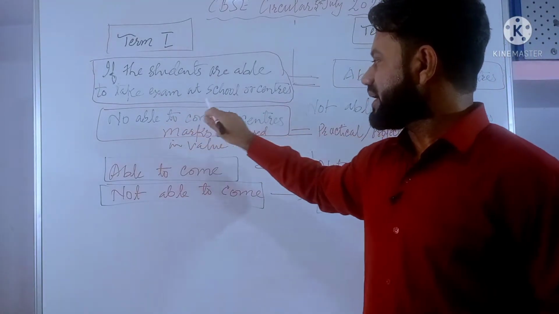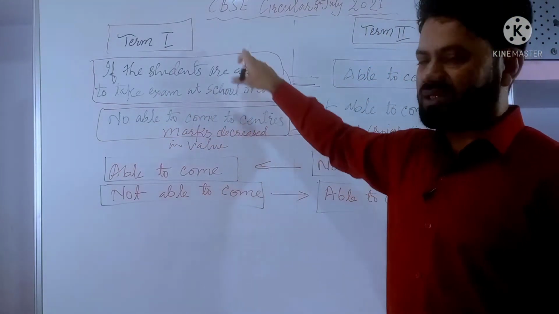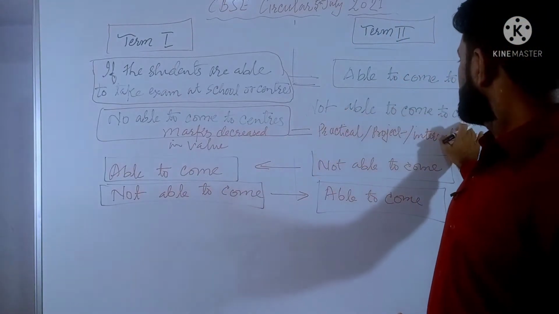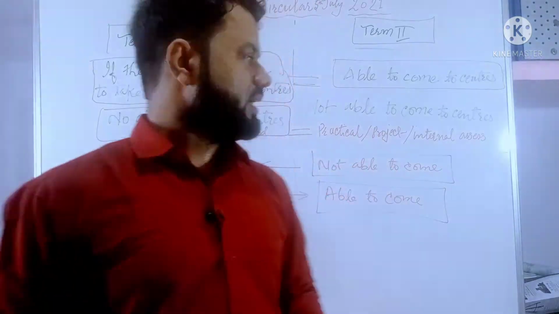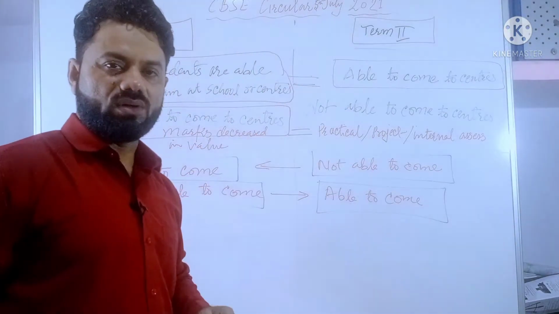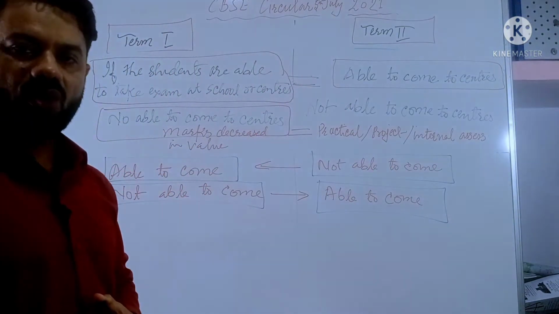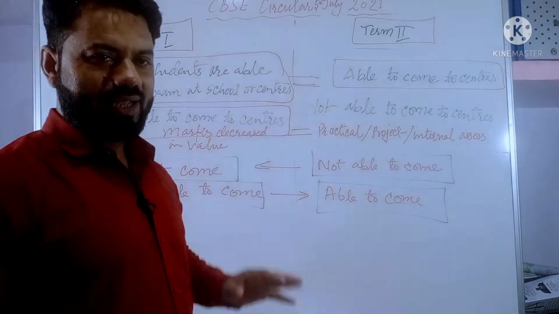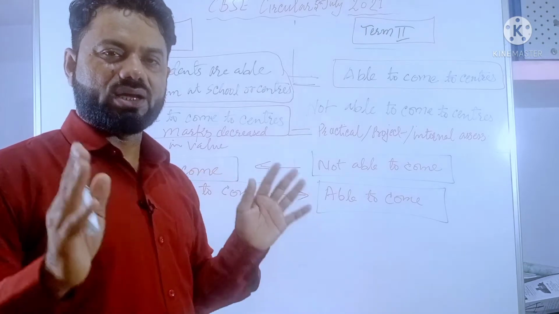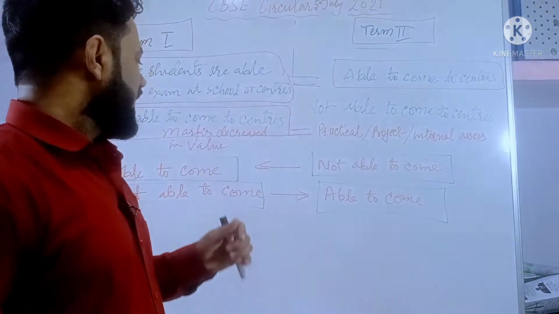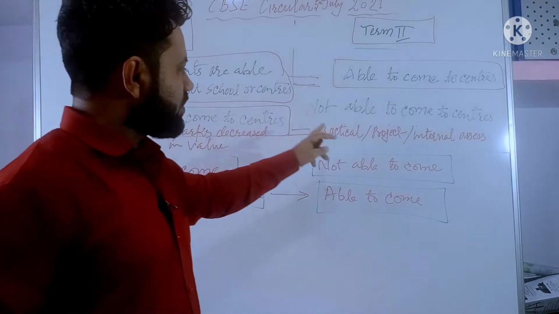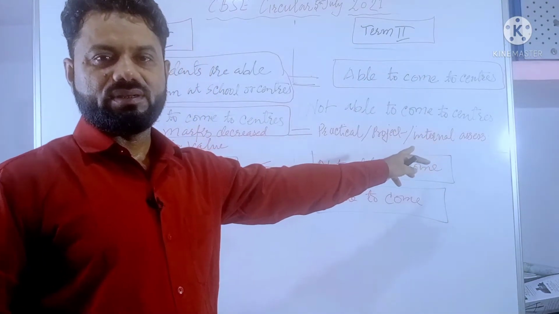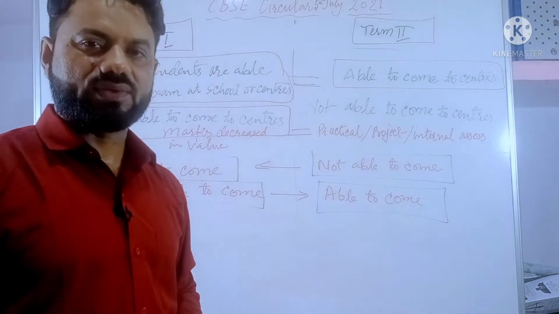If the students are not able to come to centers in the first term and also not able to come to the centers in the second term because of the COVID-19 pandemic, then the weightage will be equal for both the examinations, adding practical, project, internal assessment marks given by the schools.